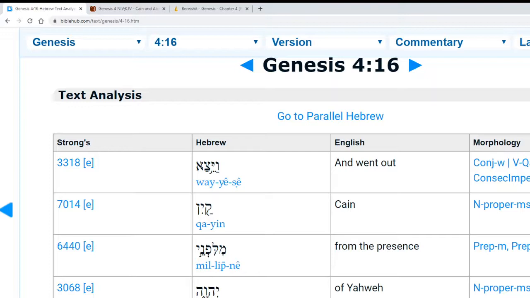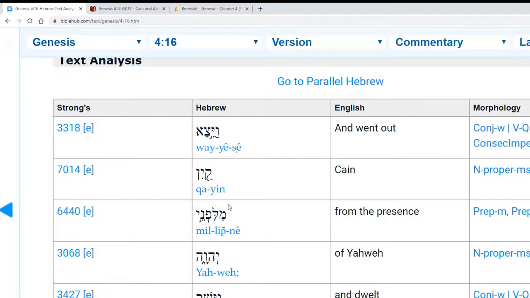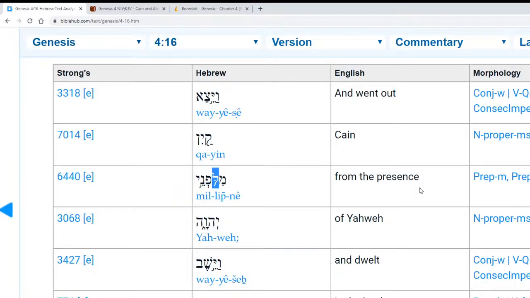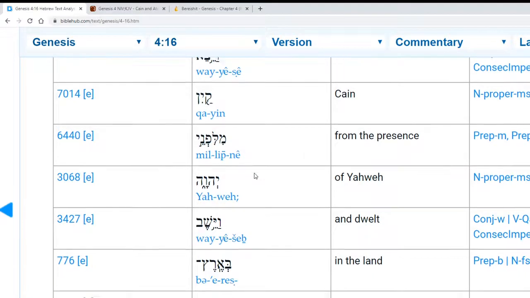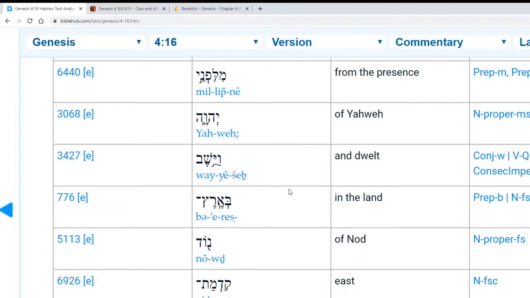Vayetze in the imperfect. Cain, Cain. Mi lifnei, from before, so prepositional mem, prepositional lamed, pene, face, kind of, so presence, right? It's in the construct form, lifnei. Havaya, that's the tetragrammaton. Vayeshev, so conjunctive vav, and yeshev, again, shin bet, can mean to set, to sit, to settle.